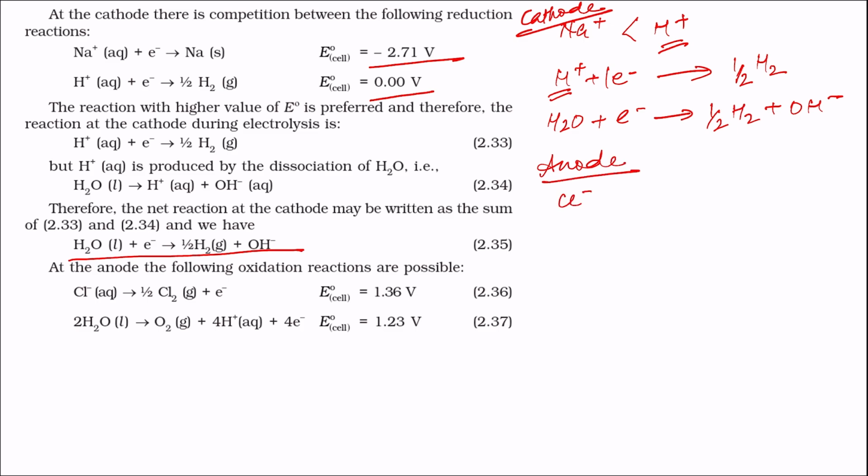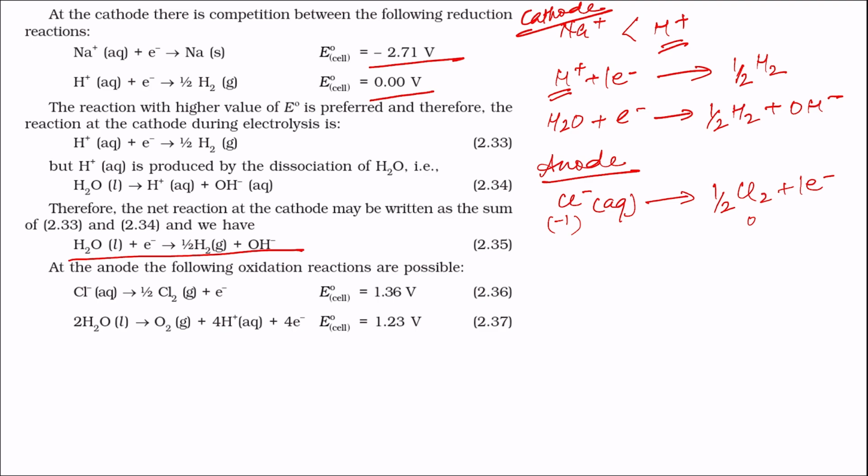At the anode, both chloride ion and OH- ion go to the anode. Now chloride ion, aqueous, will undergo oxidation and form chlorine gas. Here in chloride ion, the oxidation state of chlorine is -1 and in chlorine it is 0. So it is undergoing oxidation, losing one electron.